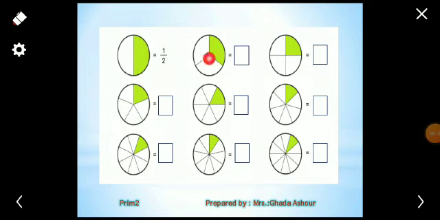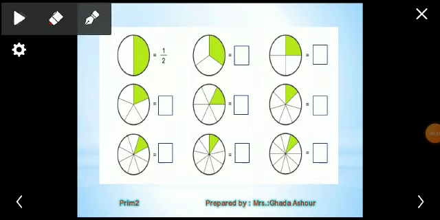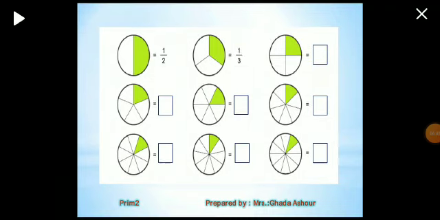Now let's see together. What about that circle? That circle is divided into 3 equal parts. 3 equal parts. Okay. So the whole number of parts equals 3. But there is just one colored part. So it's 1 over 3. We agreed that on top I write just the number of colored parts.